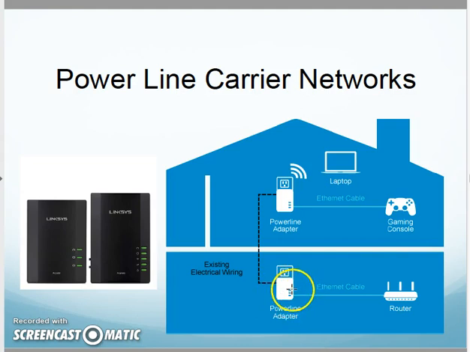One plugs in down here to your router and plugs into the power outlet. It sends the signal, modulates it to go across the power line upstairs. The other adapter up here pulls it off and rebroadcasts the signal to laptops up here and or to a powered device up here. So it basically uses the electrical wiring in your house as a path for my data signal.